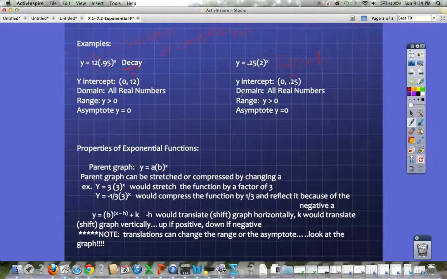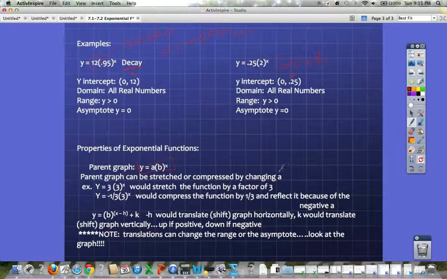Now, you can have translations done with these just like we've worked with on the other graphs, and the translations work very similarly. When you have the parent graph, which is y is equal to a times b raised to the x power, that can be stretched or compressed by changing a, which is what I talked about up here.